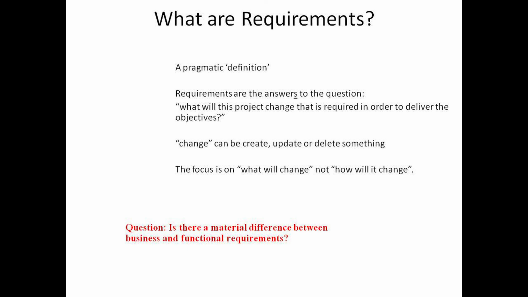So remember, as a BA, it is all about what. We don't want to talk about how. We don't want to talk about technology. We don't want to talk about how it will be implemented. These things, as much as possible, you are not supposed to talk about. One, BA is not the right person to talk about it.